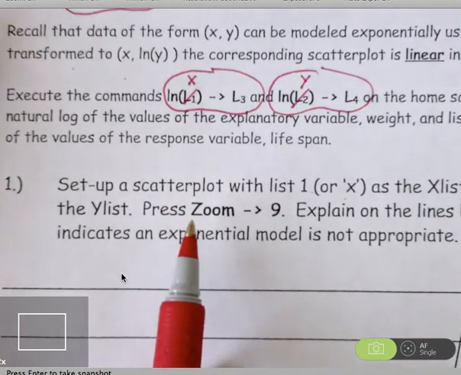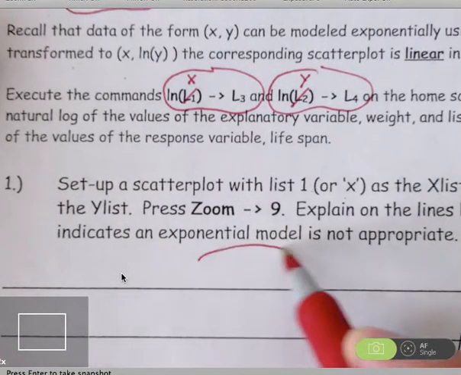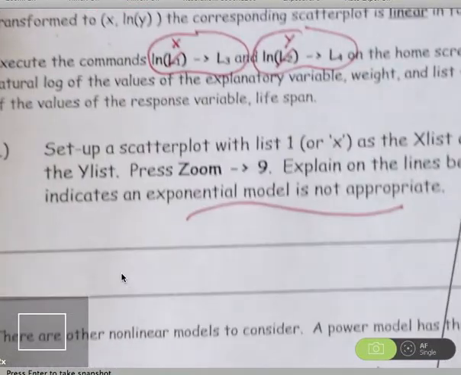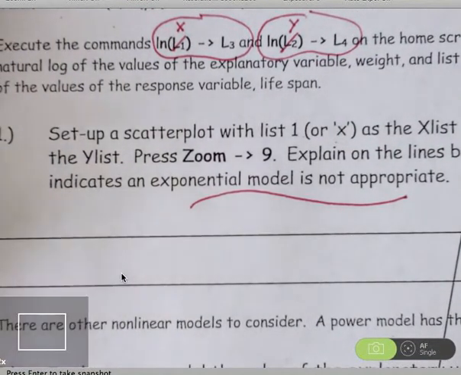We hit zoom 9, and then we're supposed to explain why this scatter plot tells us that an exponential model is not appropriate. Simply put, it's not appropriate because the pattern that we saw is not a straight line pattern. So that means that we need to consider another type of model, which is a power model.